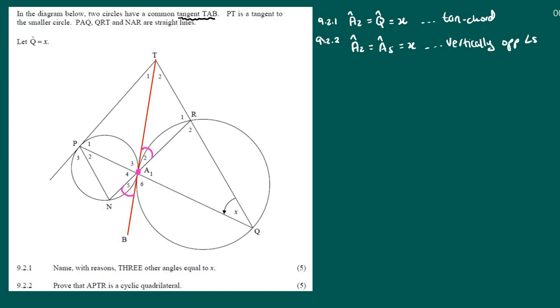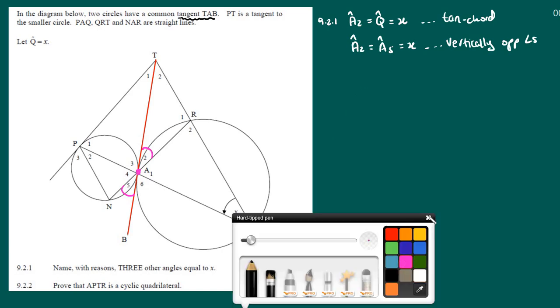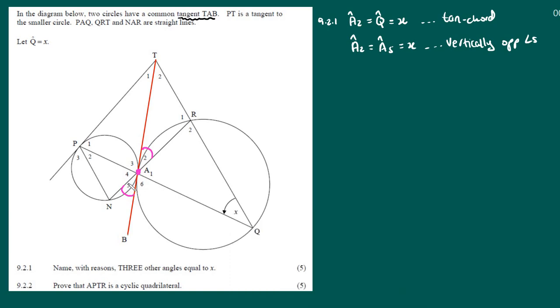Yes, ma'am. I think the other one, A5 is equal to P2. So because A5 is equal to A2, that would mean A5 is also equal to P2 there, because now remember it's a tangent and then there is a chord, and then the angle formed there is P2.